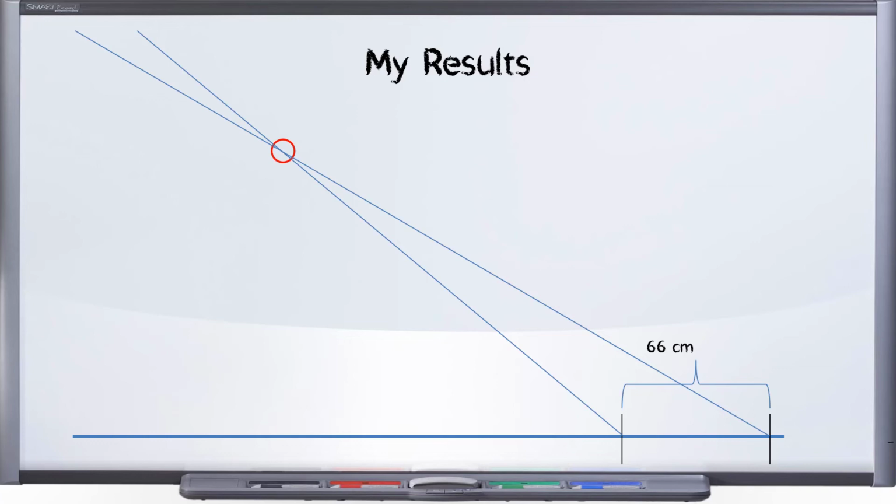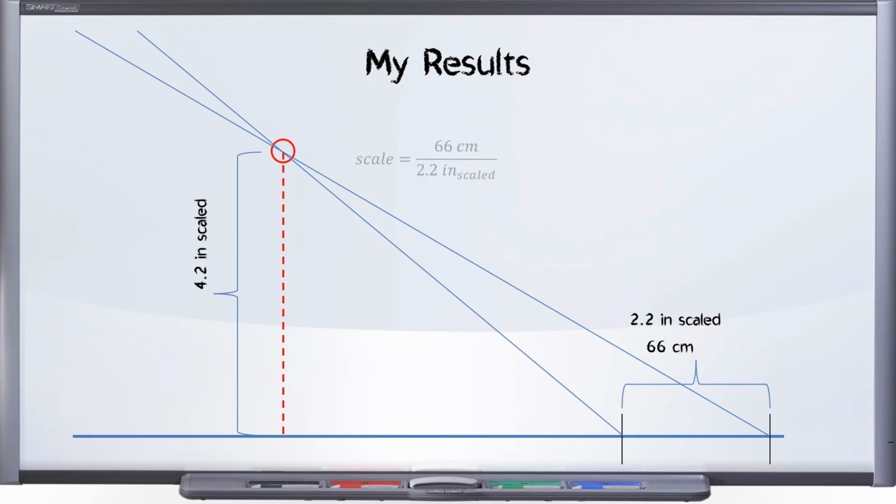So let's keep going. We are now trying to assess what is the height above the floor, and I will now just measure that. I have measured this line at 4.2 inches scaled, right? This is in my scaled diagram. Let's convert that back to our real world centimeters and see what we get. I had used a 30:1 scale here, so 66 centimeters equals 2.2 inches.